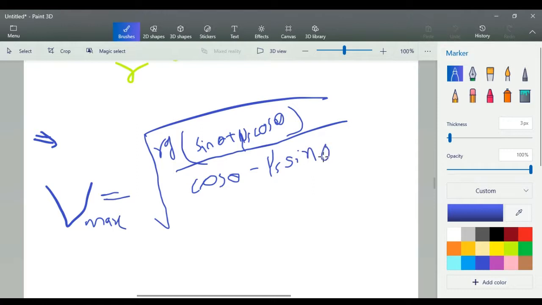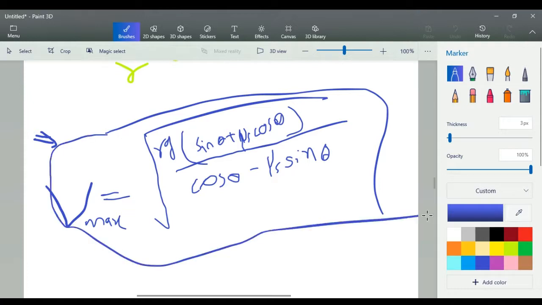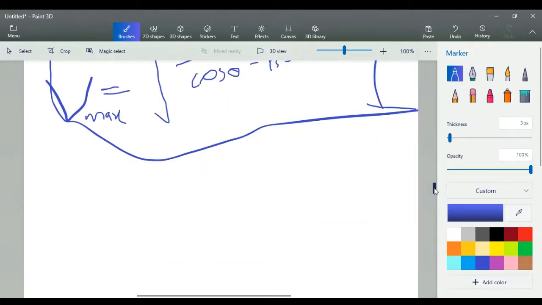So this is the resultant equation which we want, to find the maximum and limiting speed for moving in the corresponding circular path.